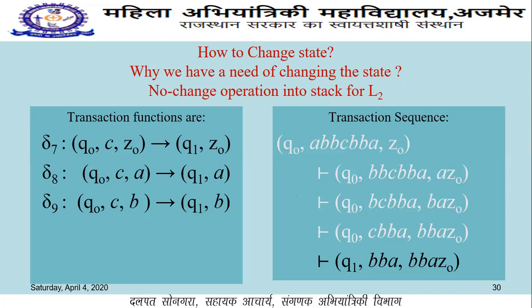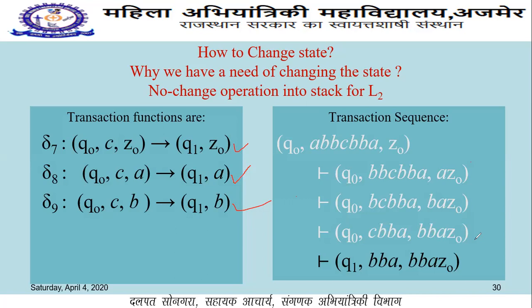So we have to keep in mind that whenever we construct a pushdown automata for any language, we have to construct it universally, because whenever a new input string comes, that string should also be accepted by the pushdown automata if it belongs to the language for which the pushdown automata is constructed. Therefore, in this case, we have written delta 7 and delta 8 also, and delta 9 is used in our example string.